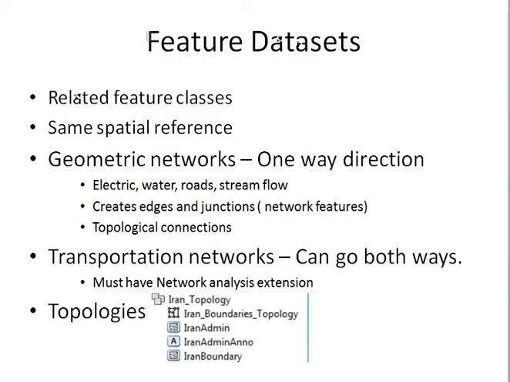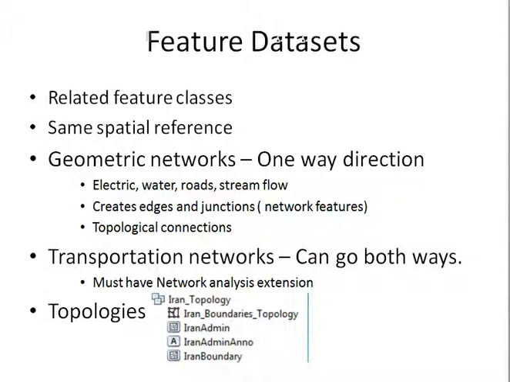So going into this a little more detailed, remember that a feature data set consists of features that are somewhat related. They have the same spatial reference. You can put in a geometric network. So let's say I'm looking at electric utilities, and I might have lines and connectors, but I can also create a network that will model the flow of that electricity.